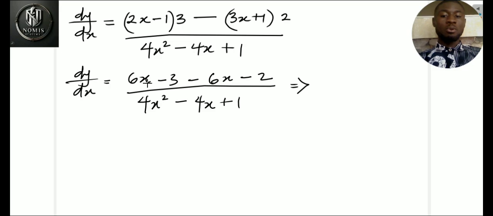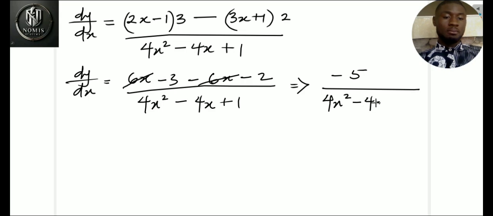So we are left with minus 3 minus 2, which gives us minus 5, all over, what can we do here? Nothing, because it's just a quadratic expression. So we leave it as 4x squared minus 4x plus 1. And this is our final answer.